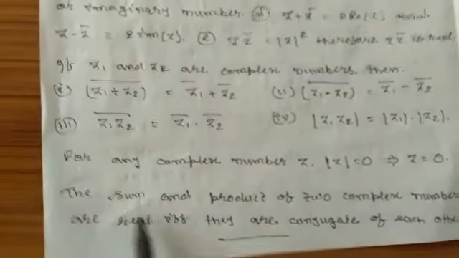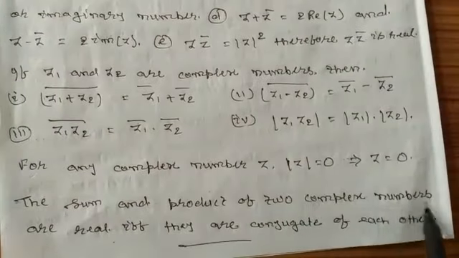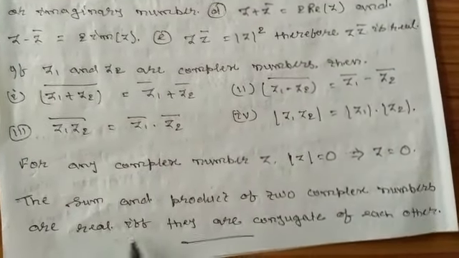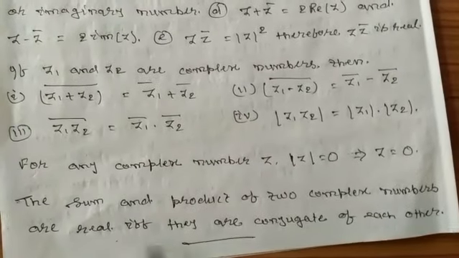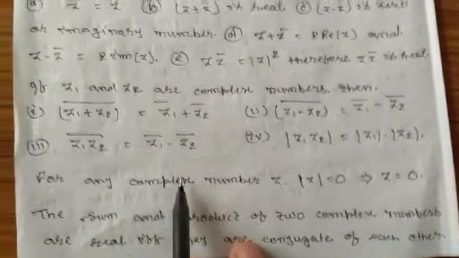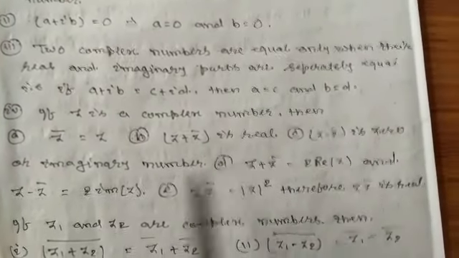The sum and product of two complex numbers are real if and only if they are conjugates of each other, which we have established earlier.